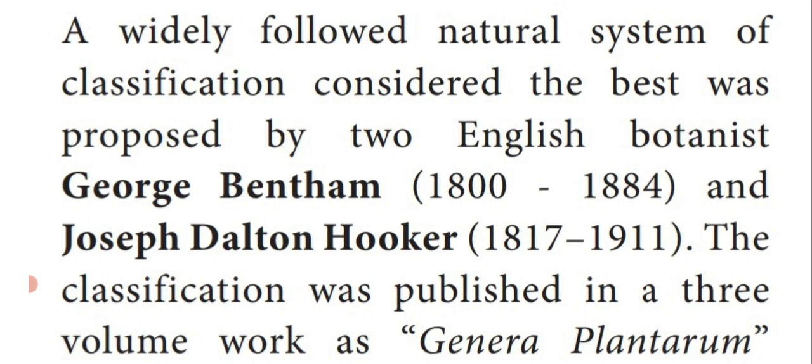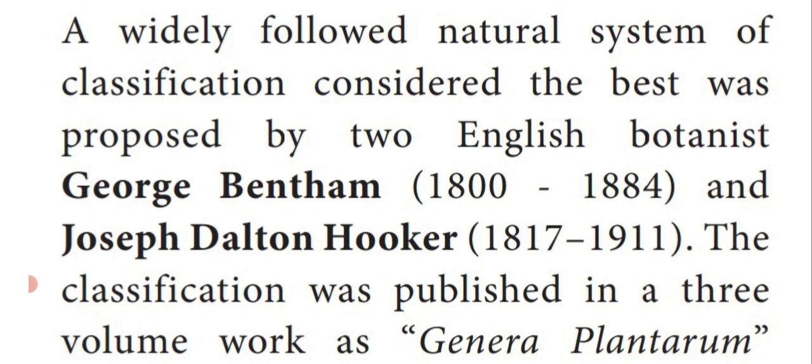So this system is based on the natural characters of plants. So this system was proposed by two English botanists. One is George Bentham, 1800 to 1884. Another one, Joseph Dalton Hooker, 1817 to 1911.